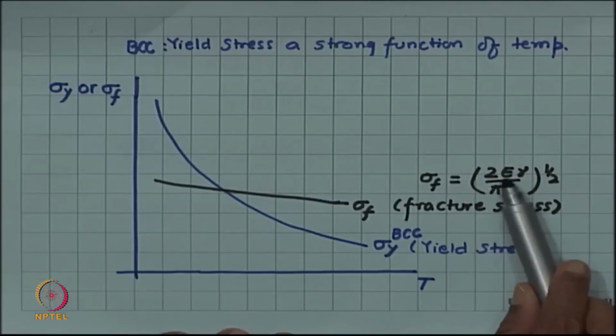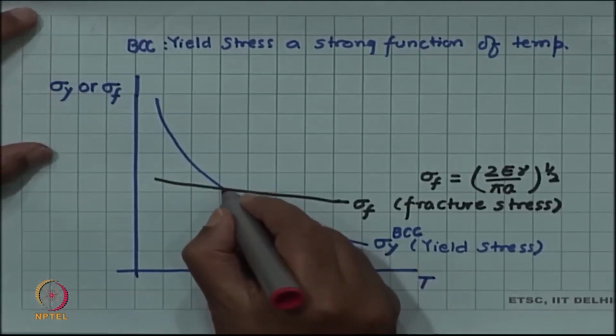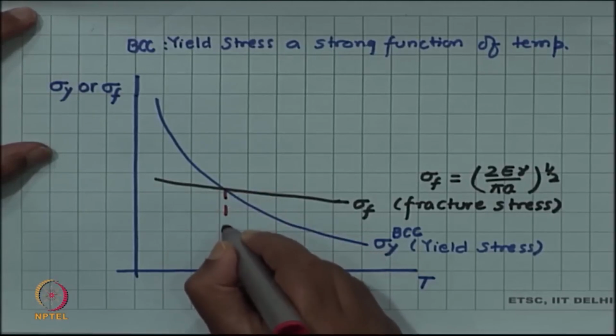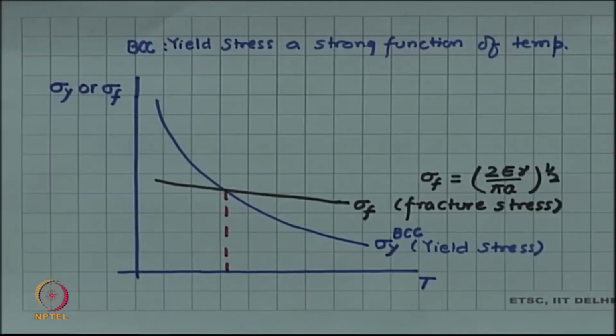So, if Young's modulus and surface energy are not a very strong function of temperature, then this may be the situation. If this is the situation, then the two curves are intersecting at a given temperature.